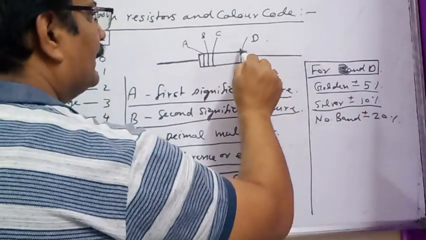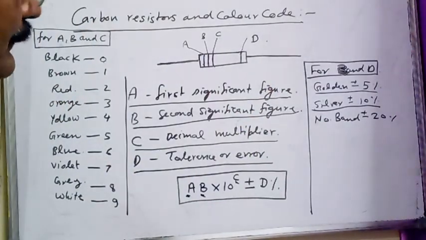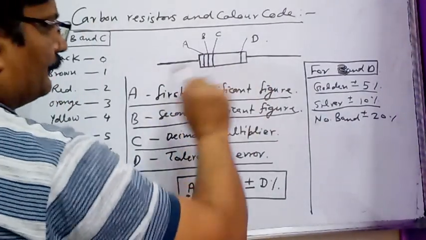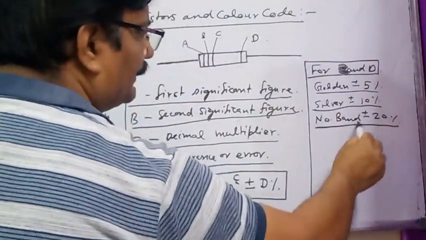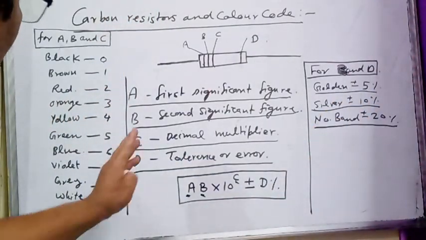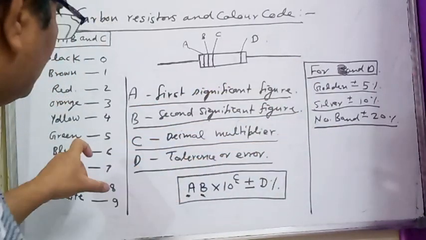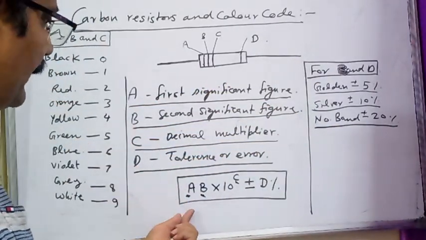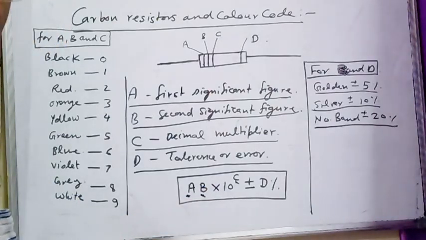If band D is absent, or no band D is given on the carbon resistor, in that condition the tolerance level is going to be plus or minus 20%. And knowing the values of these colors, we can read the value of the carbon resistance using this formula.